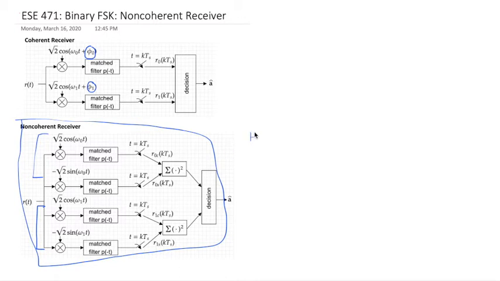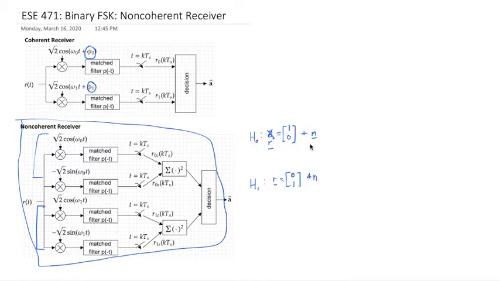Under H naught, we're sending the signal A0, which is this vector, 1 of the phi0 component, 0 of the phi1 component, and I'm going to add noise to that, and that becomes my received signal: the vector 1, 0 plus noise. In my H1 case, my received signal is the opposite: 0 and 1, plus noise.